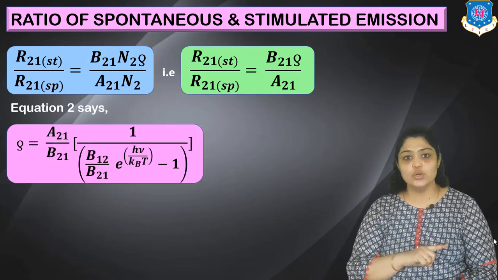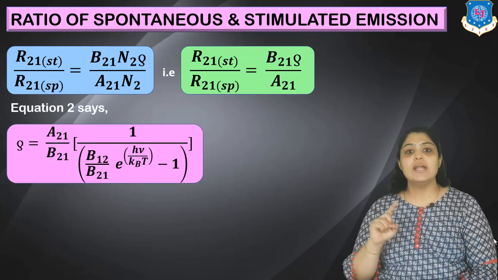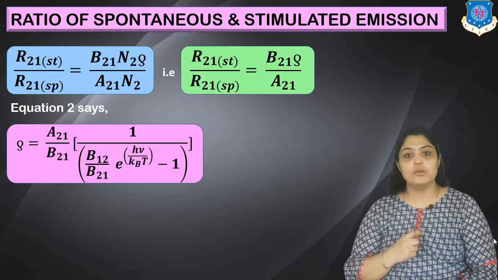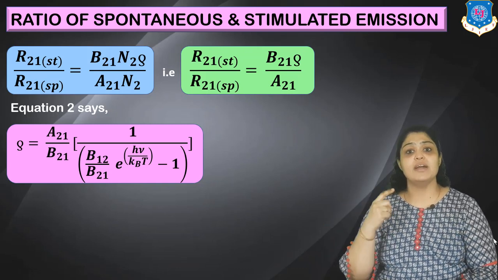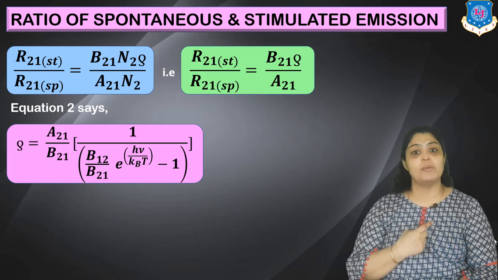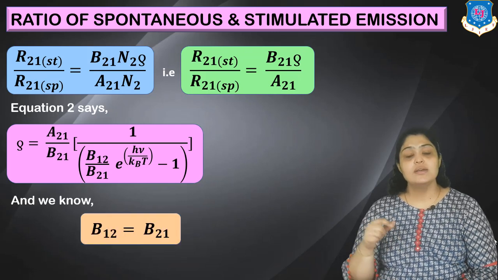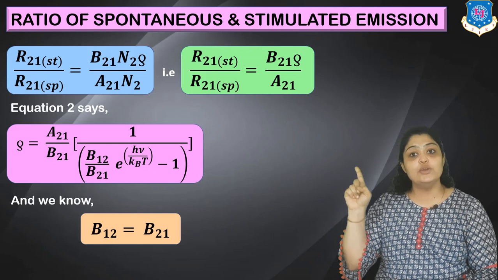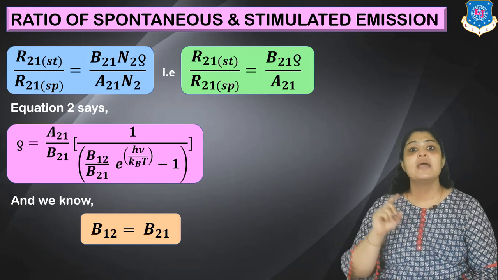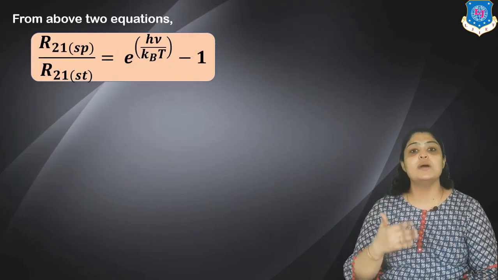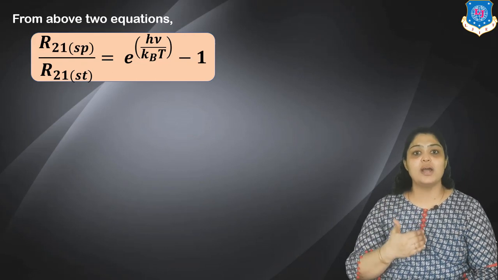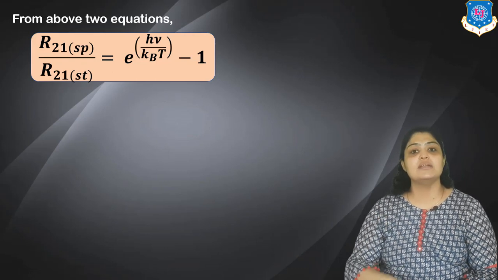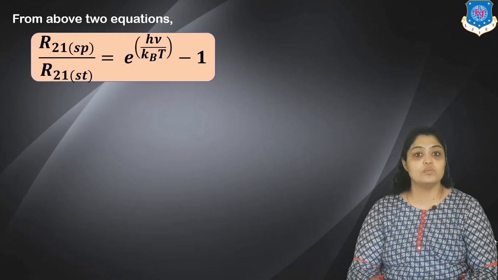From equation 2, we know that rho equals A21 upon B21, times 1 upon B12 upon B21 e raised to h nu by kBT minus 1. Substituting all this, we get R21 spontaneous upon R21 stimulated equals e raised to h nu by kBT minus 1.